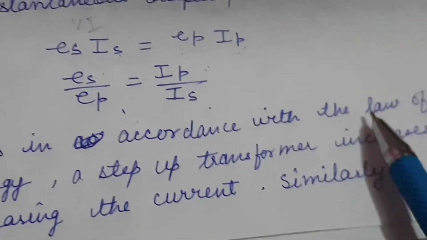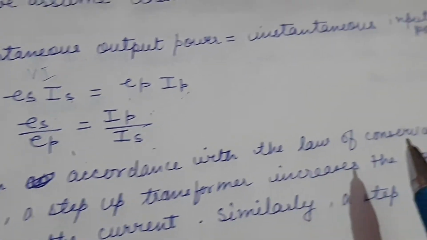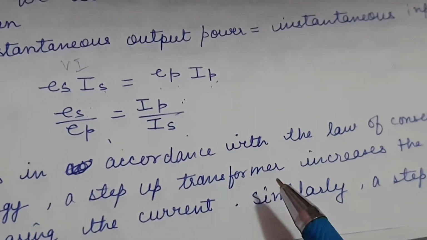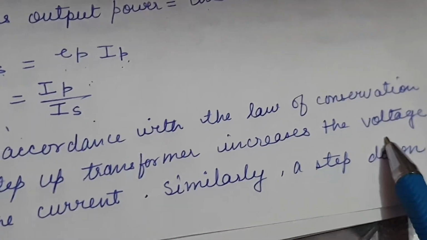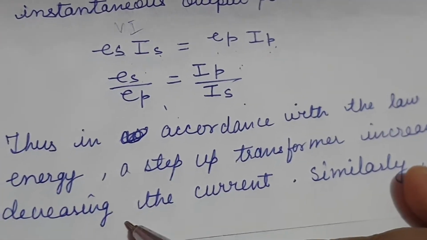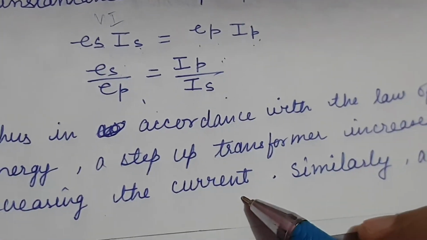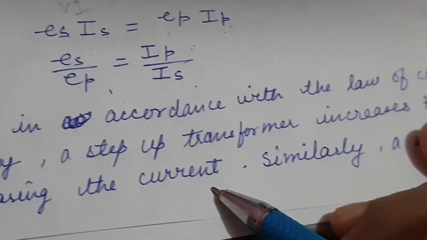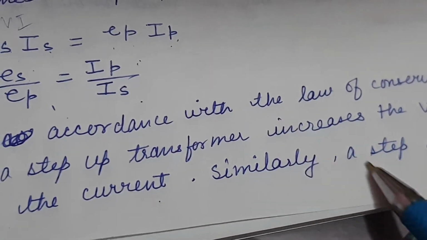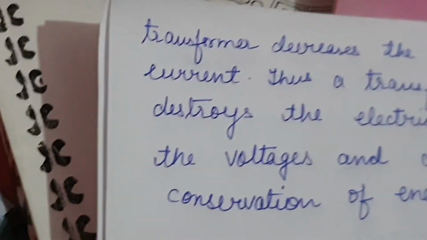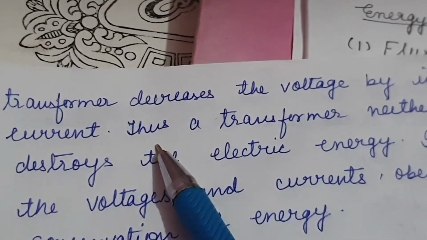Thus, in accordance with the law of conservation of energy, a step up transformer increases the voltage by decreasing the current. So voltage is increasing but the current is decreasing. Similarly, a step down transformer decreases the voltage by increasing the current.